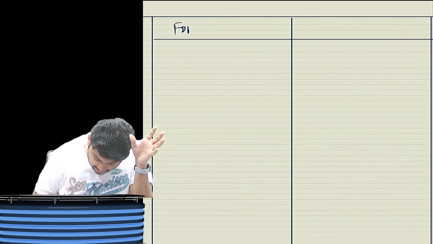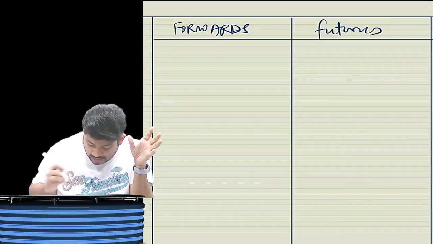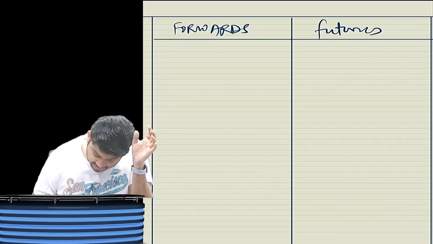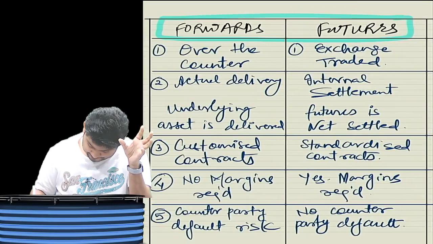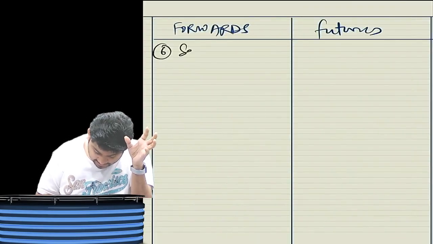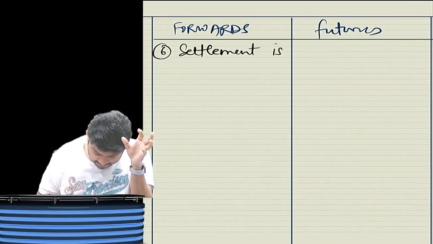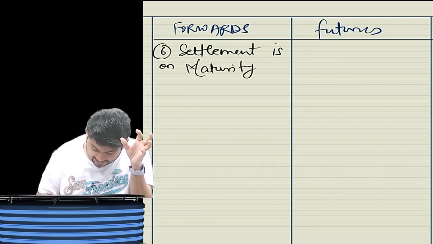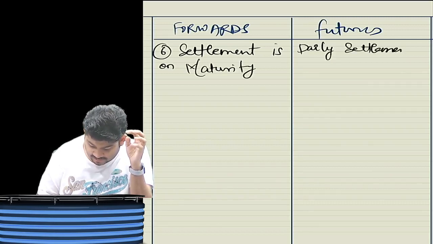Getting it? So again, I'll write here forwards and futures. So what is happening here? Settlement is on maturity. Whereas in case of futures, correct, daily settlement in margin balance.